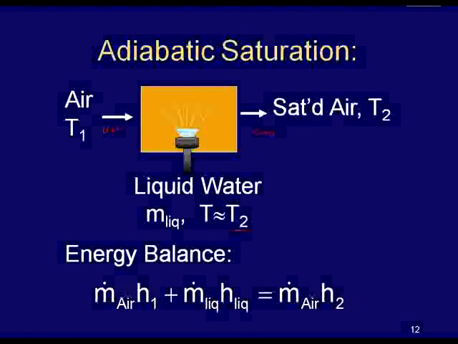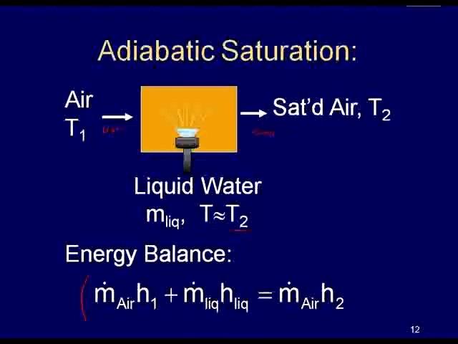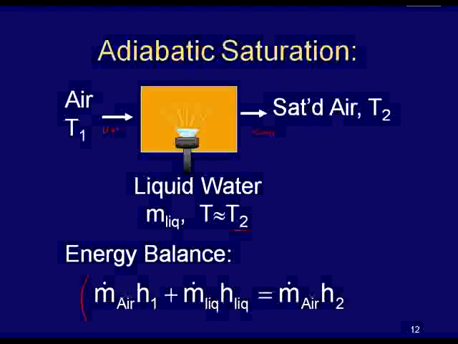The energy balance becomes like doing a mixing chamber that we talked about earlier. Mass of the air times H1 plus mass of the liquid times H of the liquid equals mass of the air times H2, because remember these H's are kilojoules per kilogram of just air.